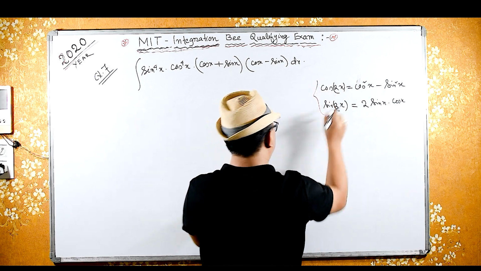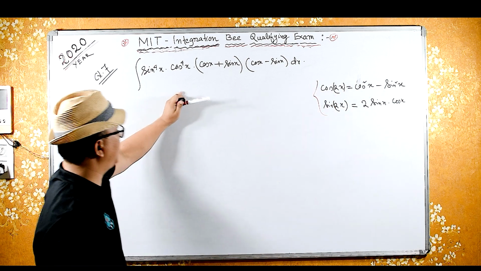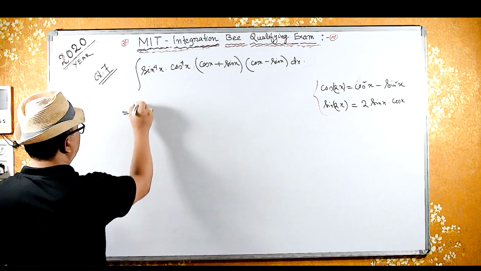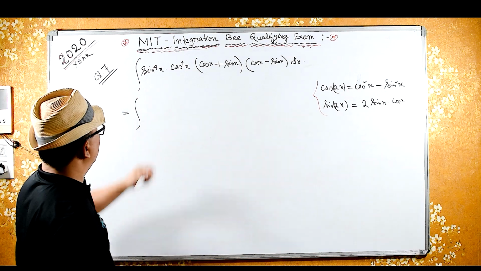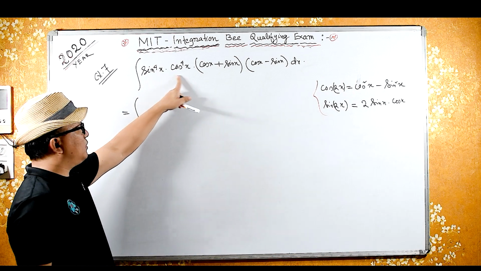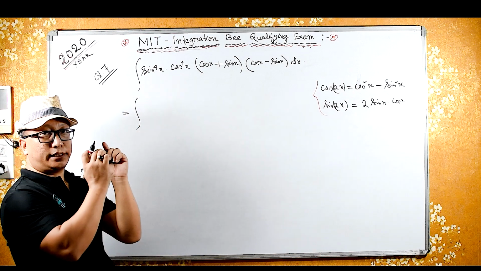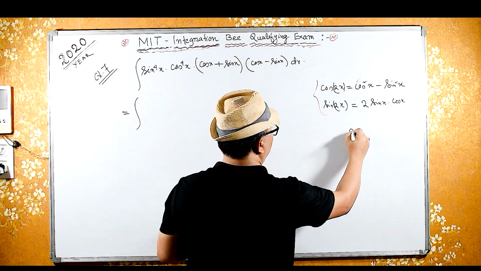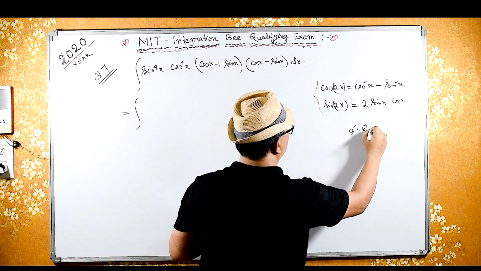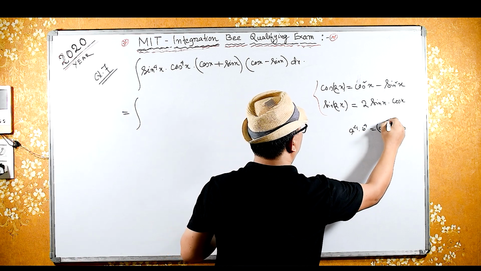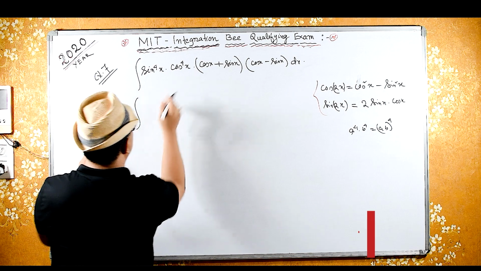Now this will be used effectively over here. Integral of sine 4x into cos 4x. Since a to the 4 into b to the 4 is equal to ab raised to 4, I can combine these two.